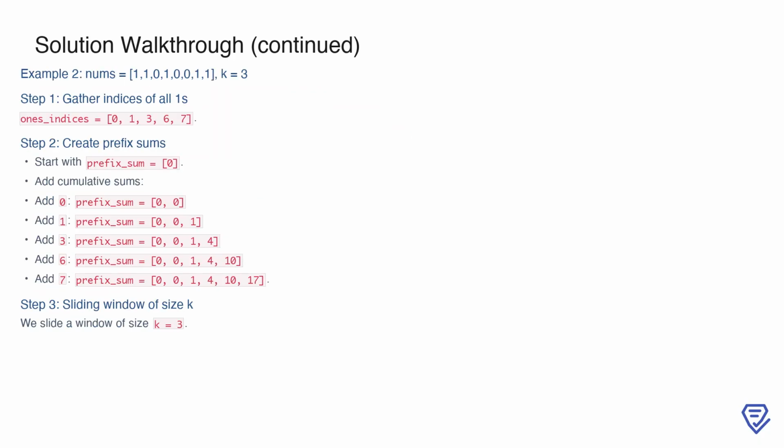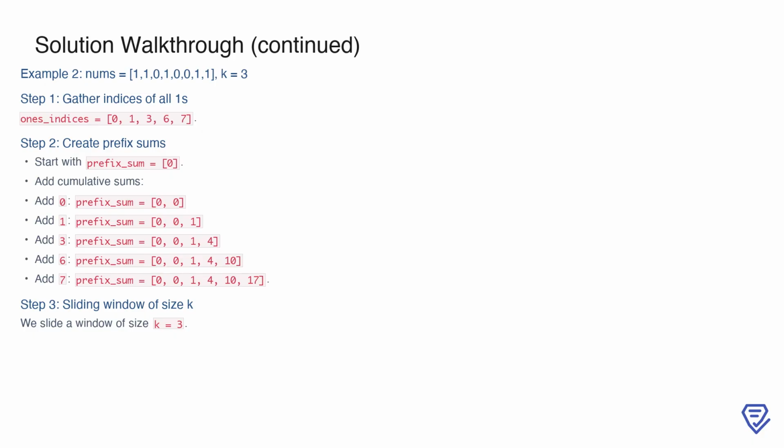In the second example, nums equals 1, 1, 0, 1, 0, 0, 1, 1, and k equals 3. First, we identify all indices of 1's, which gives us ones_indices equals 0, 1, 3, 6, 7. Next, we build the prefix sum array starting from 0.